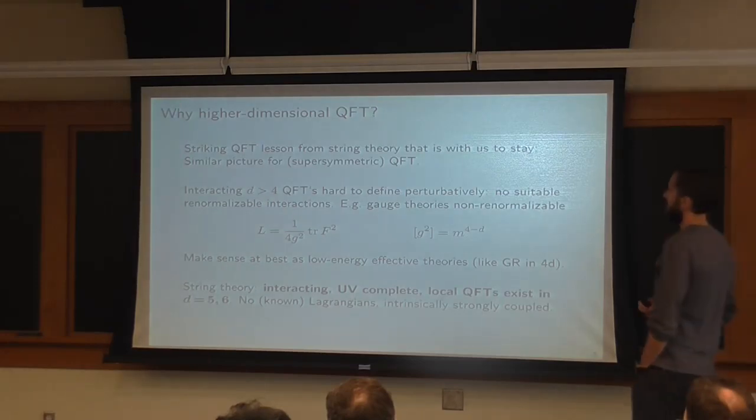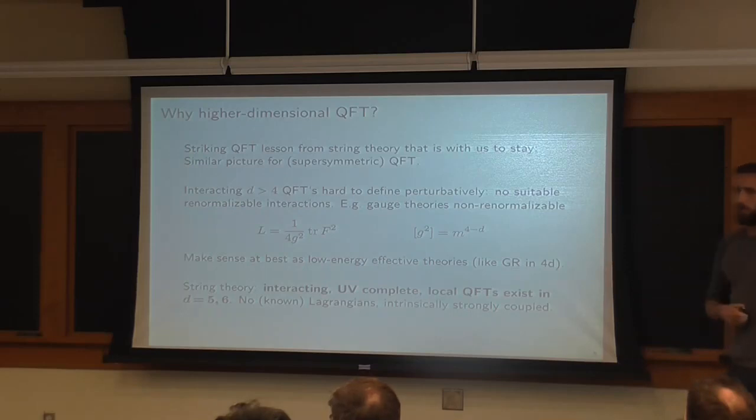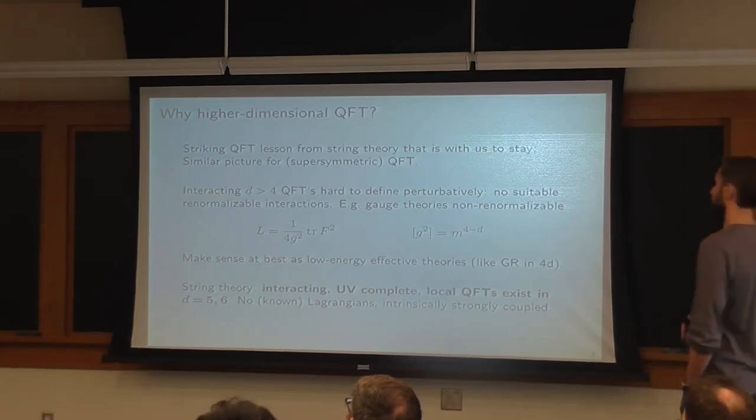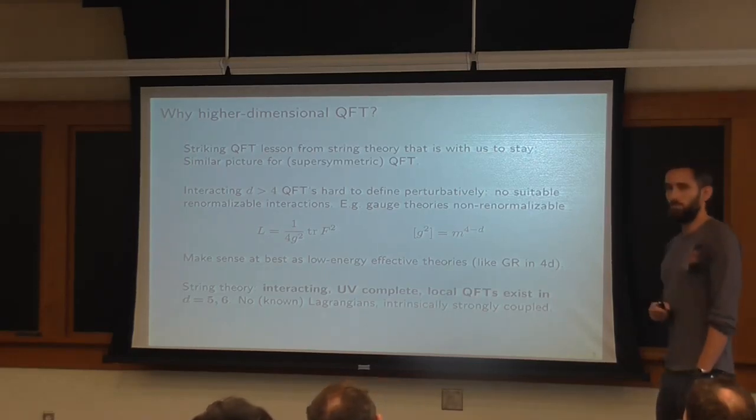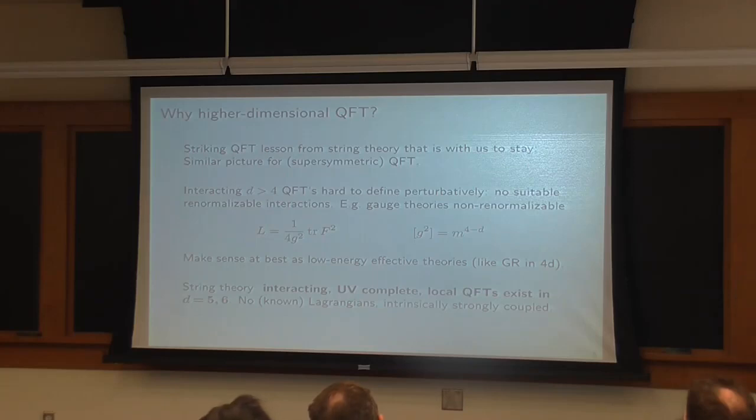And this claim is remarkable already at zeroth order. The reason is that it is notoriously difficult to even define interacting quantum field theories in dimensions greater than 4. If we come from a Lagrangian perspective, we will notice that there are no suitable renormalizable interactions to write down.